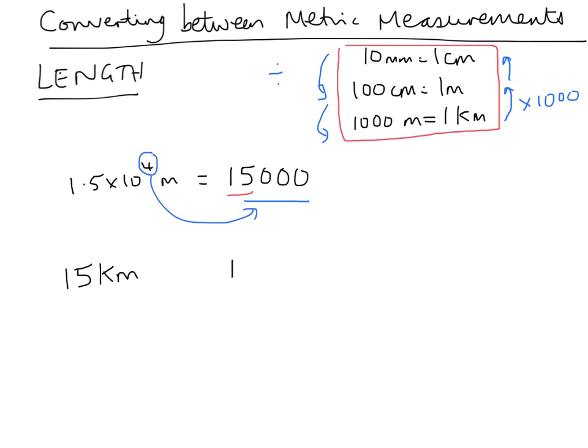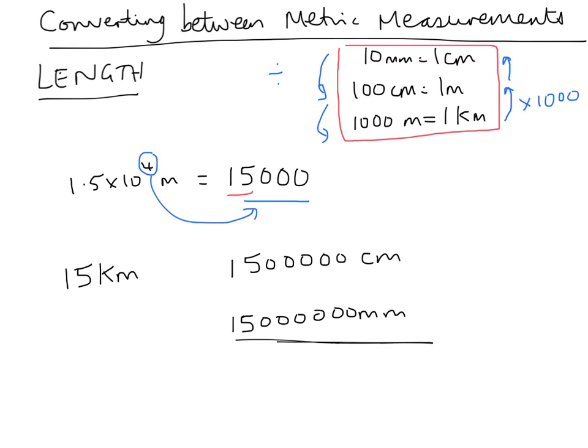So I'm going to do that times 100. And then, now I know the answer for centimetres here, I could just times that by 10. Or we could of course come back from here and times it by 1,000, which would give us the same answer anyway.